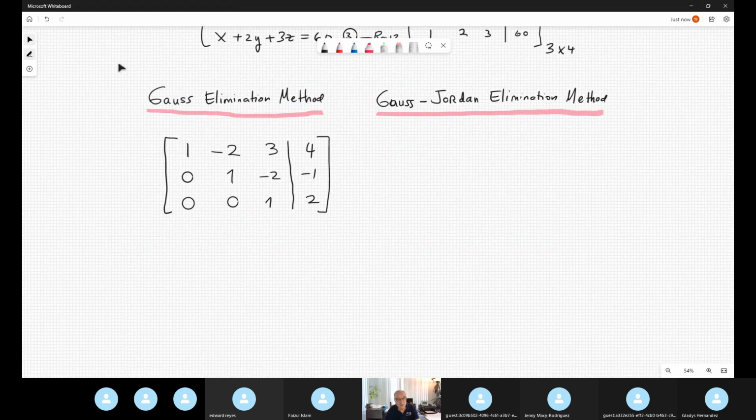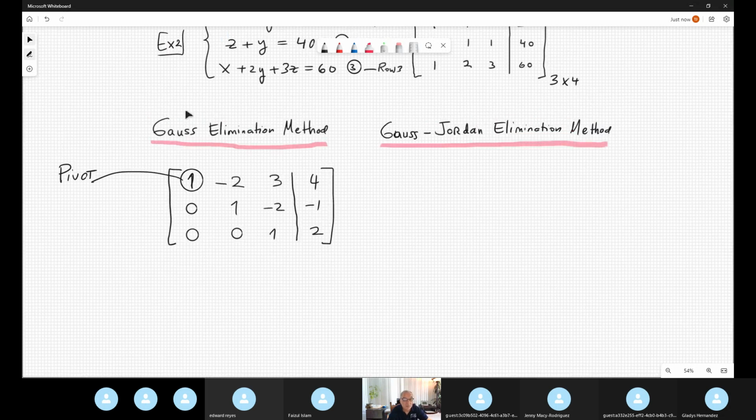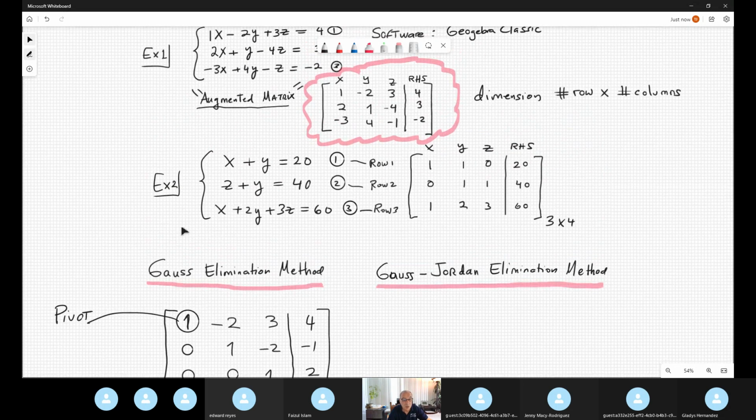The idea is very basic. We always have one here, and this one is called the pivot. In the first column, you select the entry at the top. You need to do something to create a one. Actually, we have no one in the original. Look, yes, one.